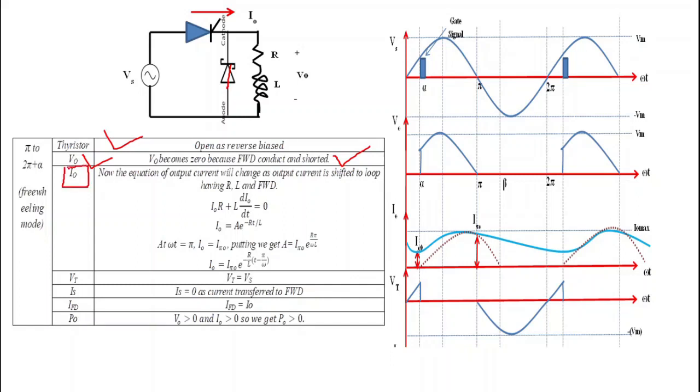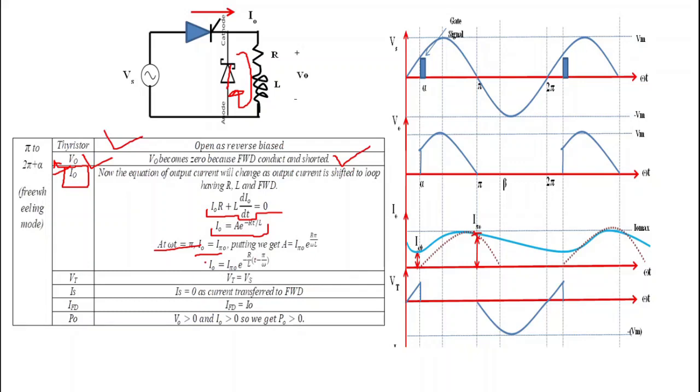And what is output current I0? In the previous slide I already told you that after pi the equation of output current changes. Now what is the new equation? To get the new equation we have to apply KVL in this loop, that is the freewheeling loop. So we get I0 R plus L di0 by dt equals 0. On solving this we get I0 equals A e to the power minus R t by L. On putting omega t equals pi and I0 equals I pi naught, suppose at this point pi the value of output current is I pi naught.